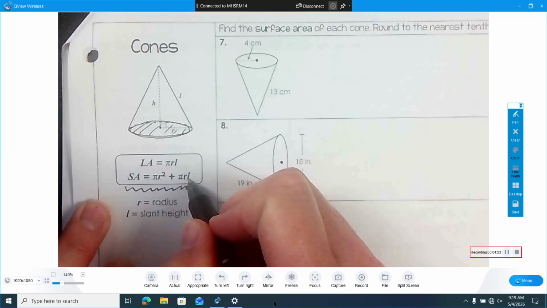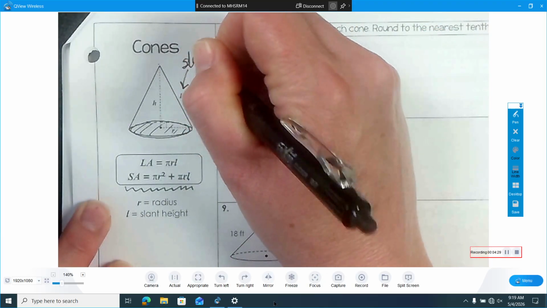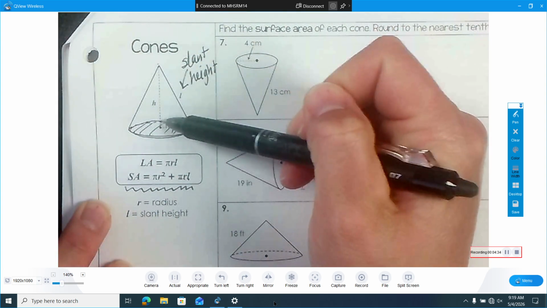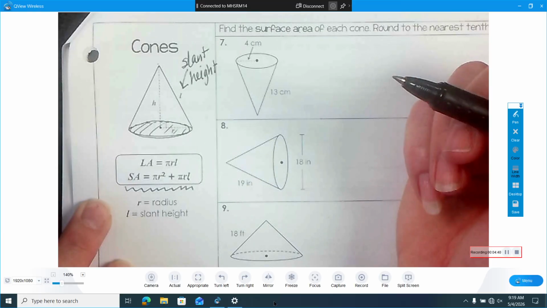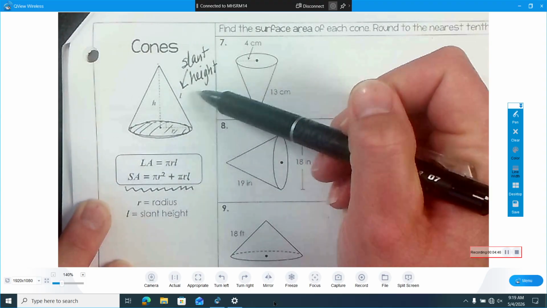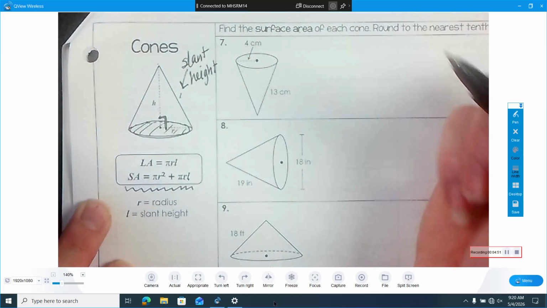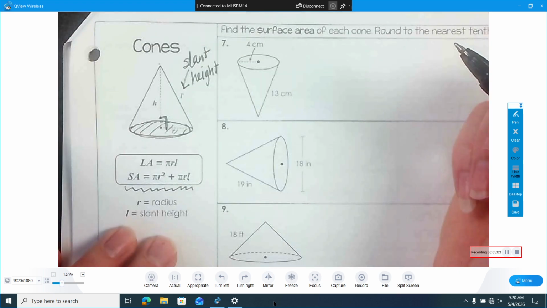And then pi times radius times L. L is called the slant height. It's not the perpendicular height, that is h. Some textbooks use S for slant height. It's really important you understand the difference between a height, which is always perpendicular with a right angle, and a slant height, which isn't. That represents the surface area around the cone-shaped part.